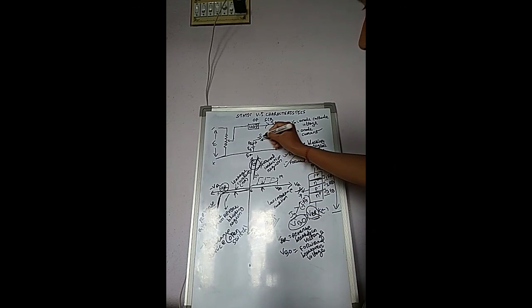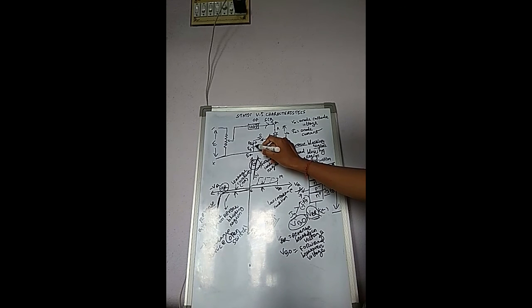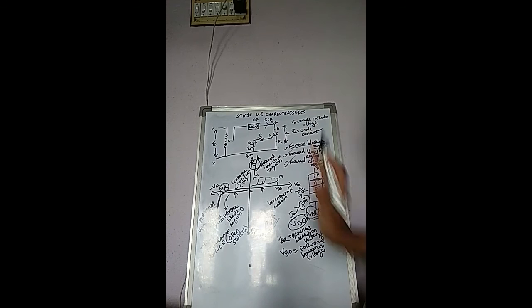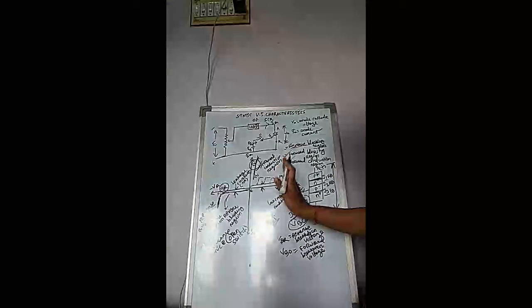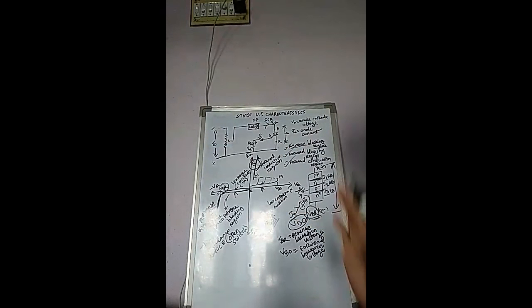Obviously if I close this switch, then this circuit is completed, and current will flow from this source EG through this closed path. So when the gate signal is applied by closing this switch S, the thyristor turns on before VBO is reached. That means before we reach this VBO level, the thyristor can be turned on.